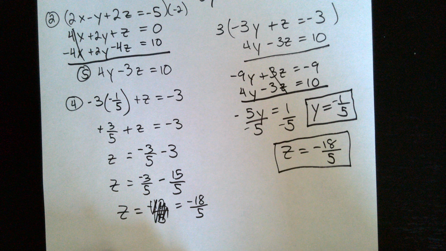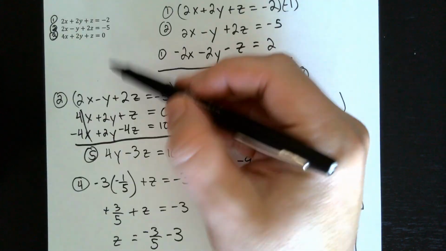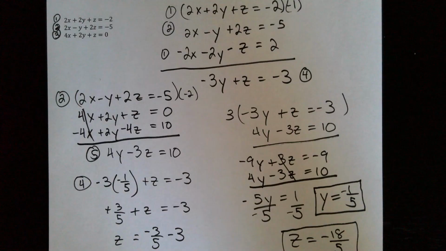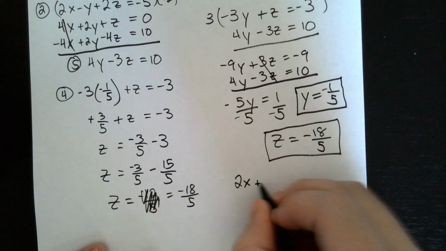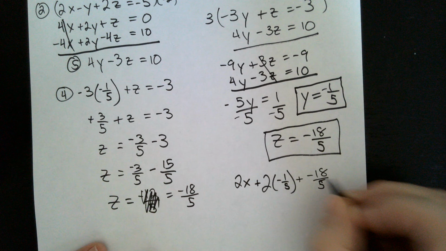And we've got x. So x can be found by plugging these into any one of these original equations up here. Okay, so I'm going to look at the first, the 2x plus 2y equals negative 2. So 2x plus 2 times negative 1/5, plus z, is equal to negative 2.